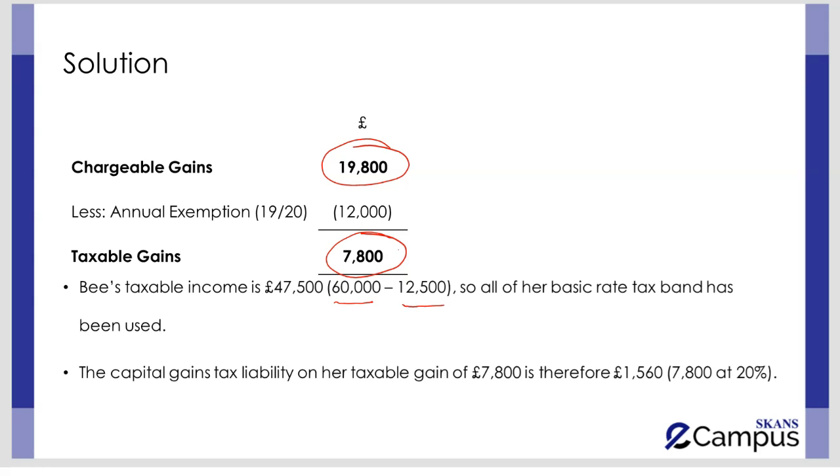Against net income, we need to deduct the personal allowance figure, and there we come to know that her taxable income is £47,500, which you can see must have consumed the total amount available in the basic rate band of £37,500. So this £7,800 will have to be adjusted in the higher rate band, where the tax rate is 20%. So this would result in a capital gains tax liability of £1,560.